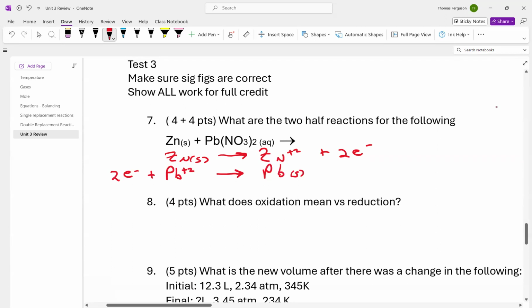So notice the 2 electrons on each side cancel. And these are called, again, half reactions.